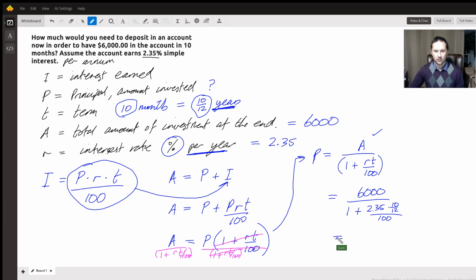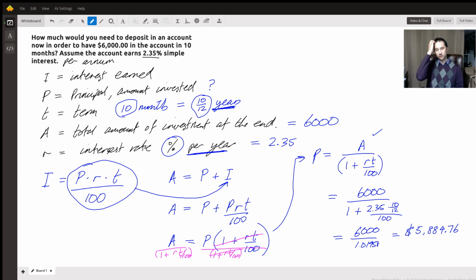So it's 6,000 divided by 1.01958, which equals, I'll just reciprocate that and multiply by 6,000. So that is $5,884.76.